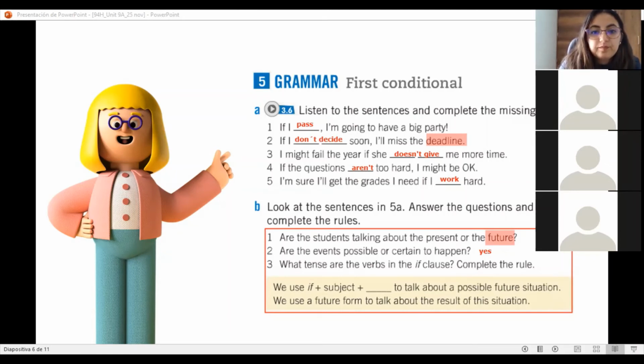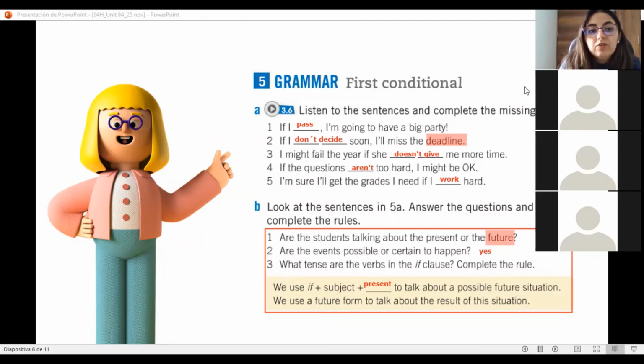Present tense? Present tense. Exactly, is in present, right? Is in simple present. Good. So we use the word if plus the subject plus the verb in simple present to talk about a future situation. Okay, this is the first conditional and something that you made short research previously, right?